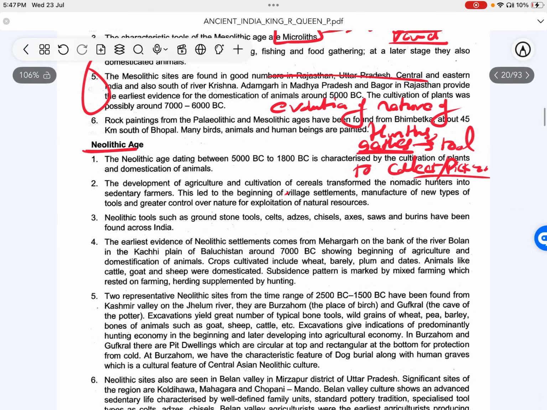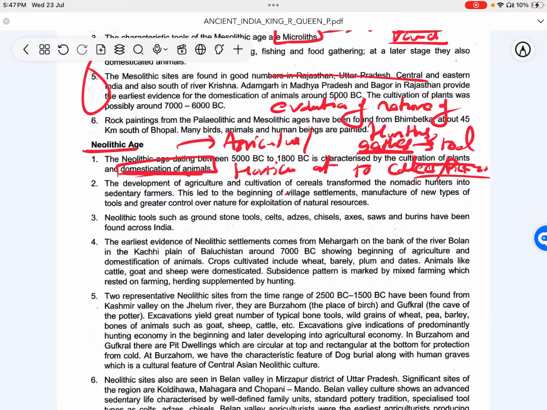Neolithic is about cultivation of plants and domestication of animals. This is the major breakthrough because they got agriculture or horticulture in their backyard. Because of this, they became settled somewhere.